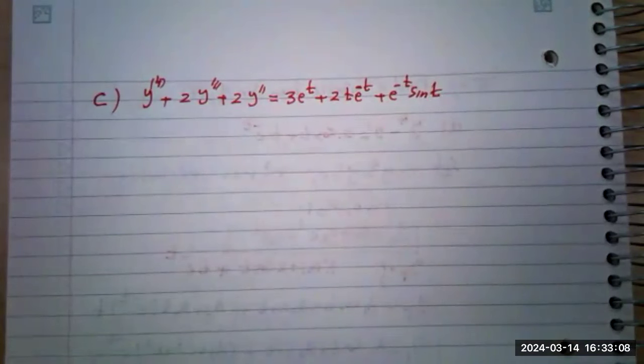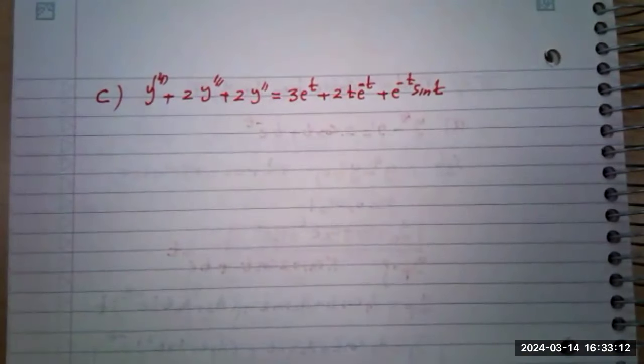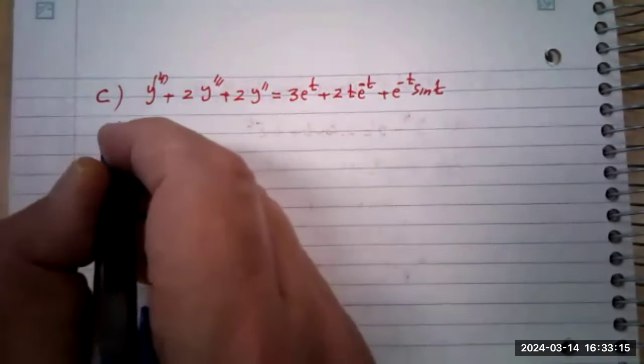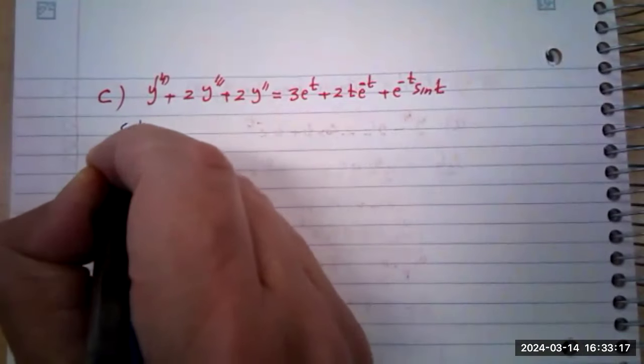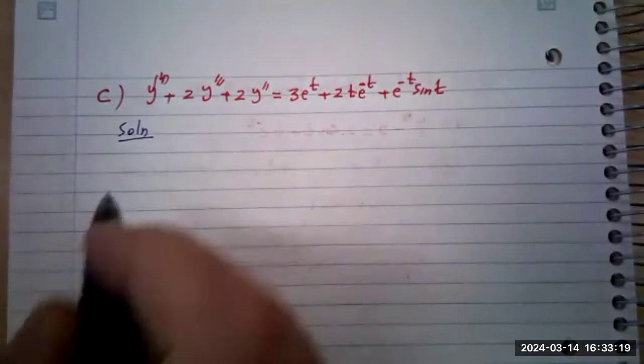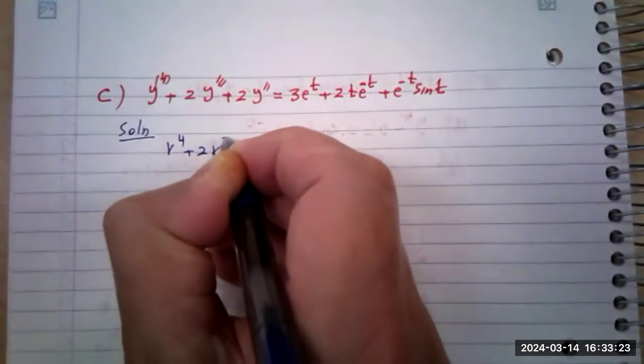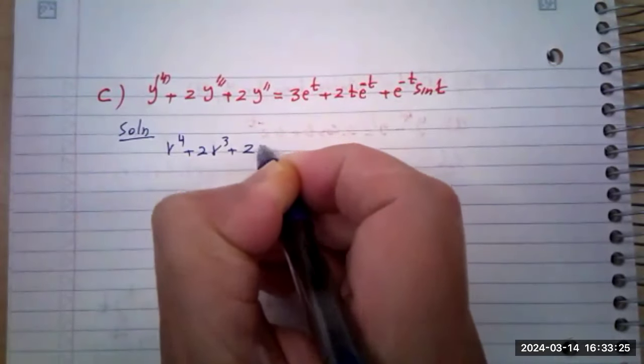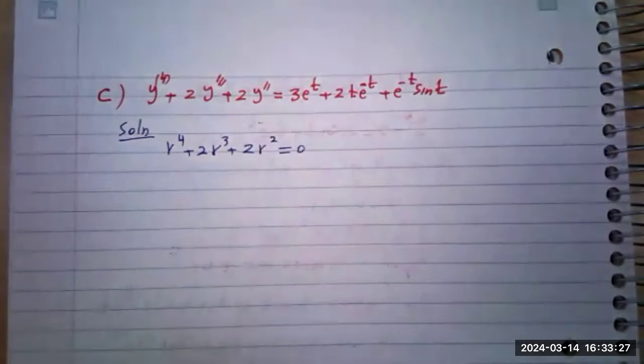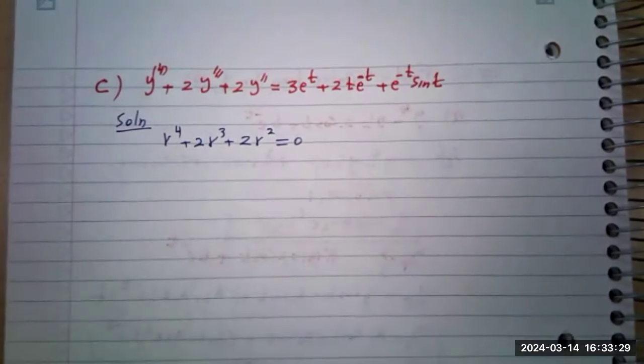Check the homogeneous to see what type of equation this one is. Ready? So the solution to the homogeneous gives r to the 4th plus 2r cubed plus 2r squared equal to 0. Carefully, you should solve this.